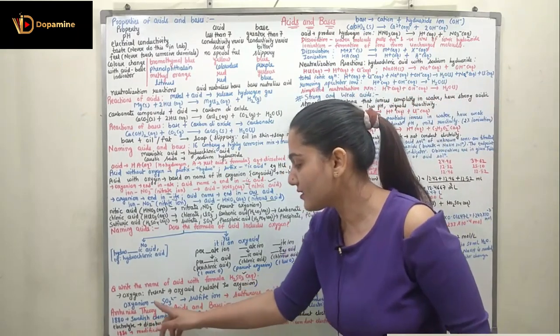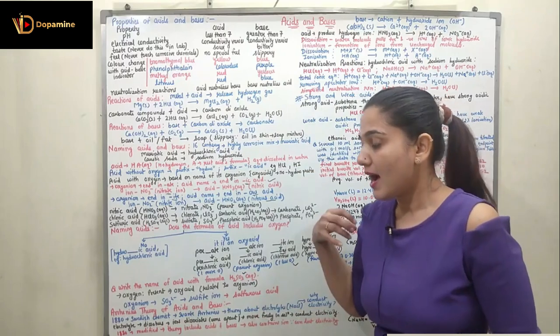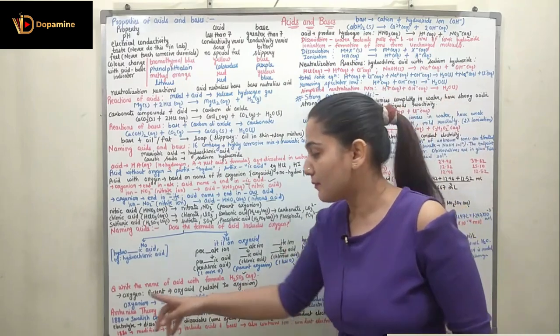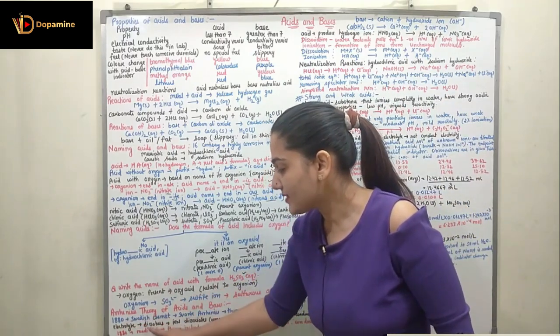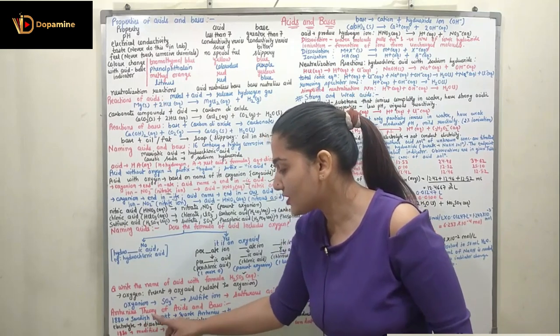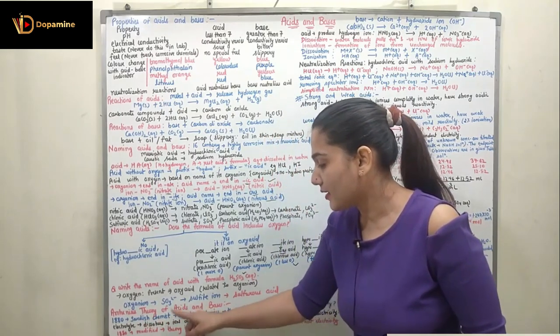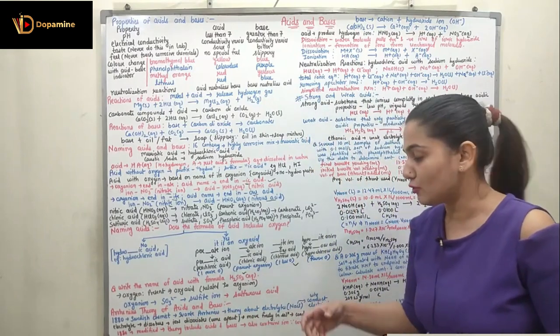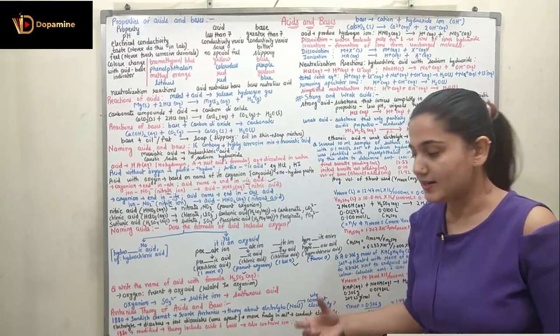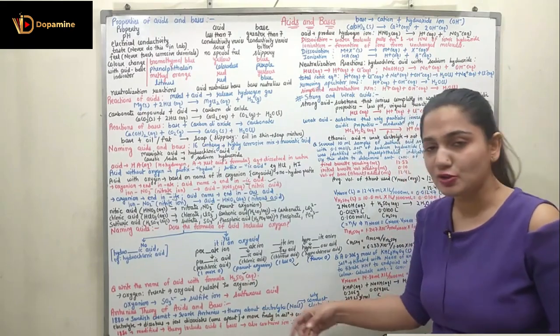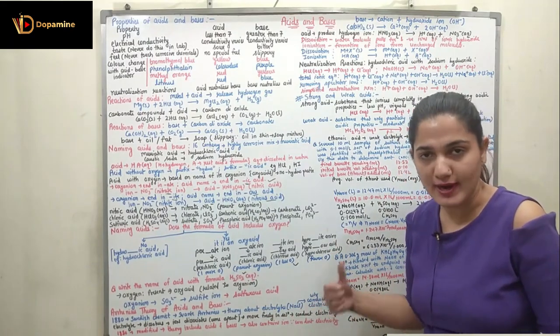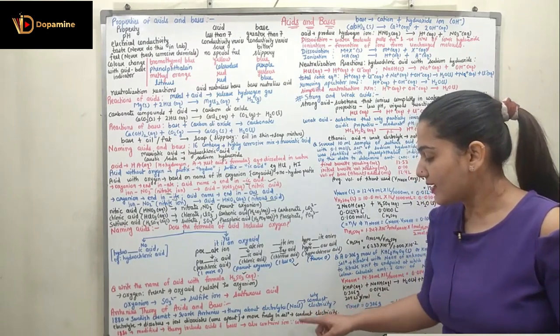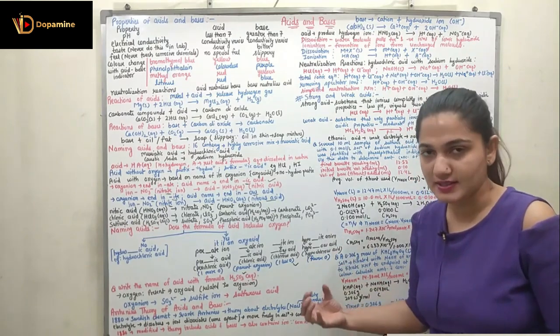Now coming to the Arrhenius theory of acids and bases. The Arrhenius theory was given in 1880 by a Swedish chemist named Svante Arrhenius. The theory was all about electrolytes. For example, we have the sodium chloride electrolyte, which conducts electricity.